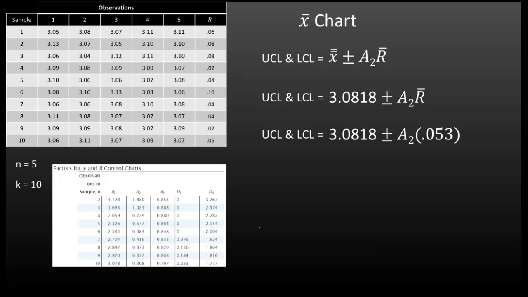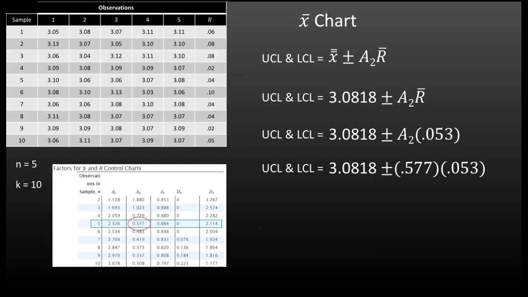So the first thing we need to do is figure out what our N is. We said earlier that N is 5, so we will only be looking at the row for N equals 5. Now, which constant do we need? We need A2. So we're looking at that 0.577. So now we can plug that into our formula.